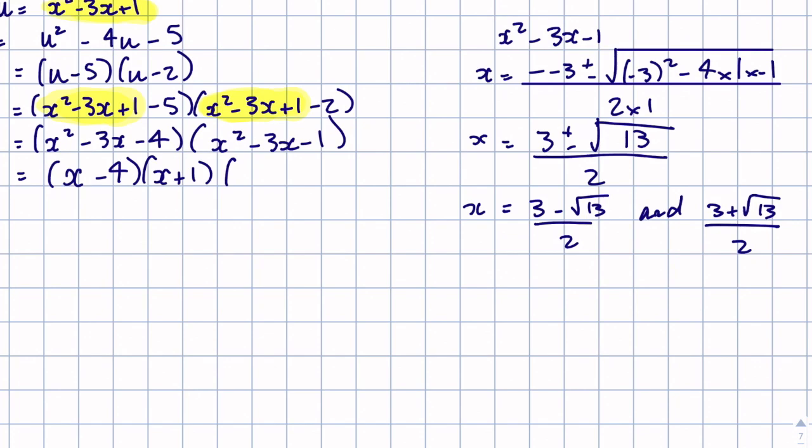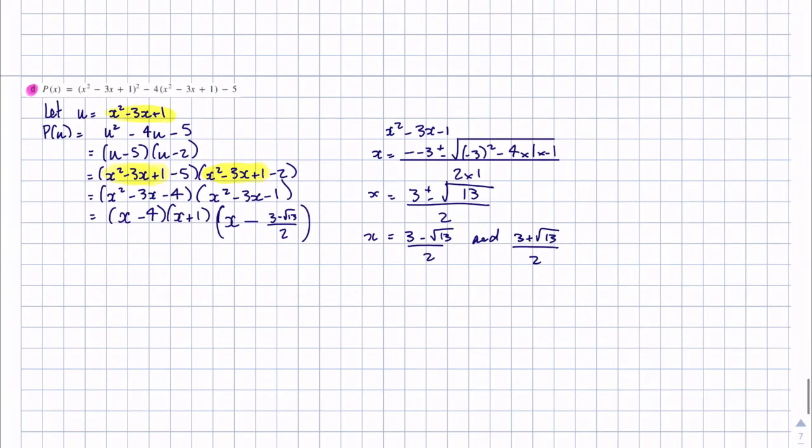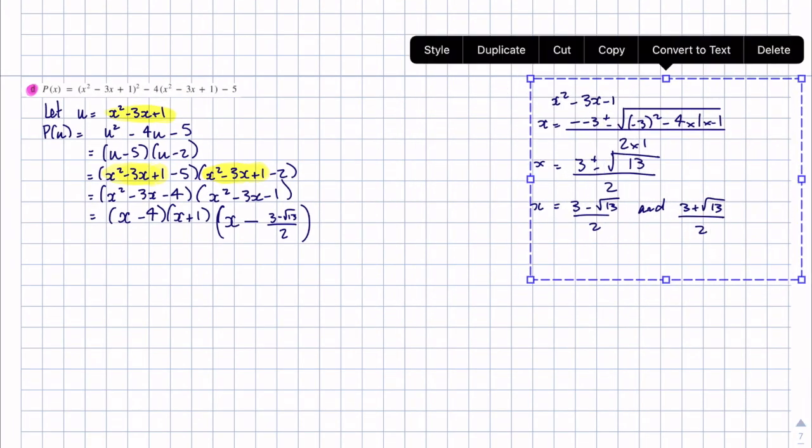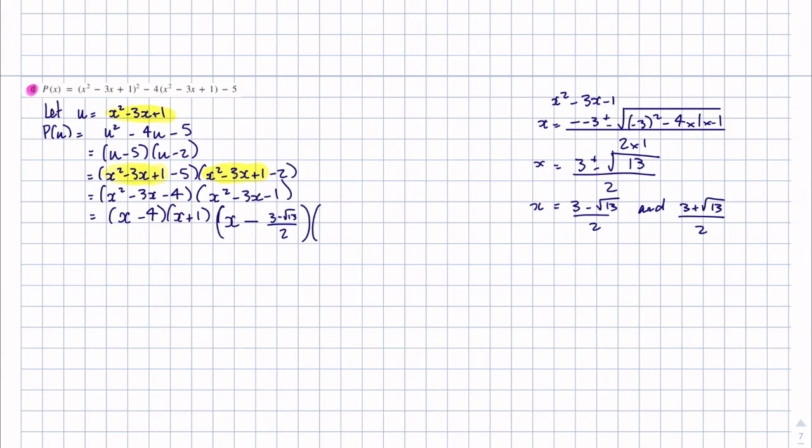Don't forget I've got to change the sign to put it back into brackets. So I've got x take 3 take root 13 over 2, and let me move this out of the way a bit, x take 3 plus root 13 over 2.